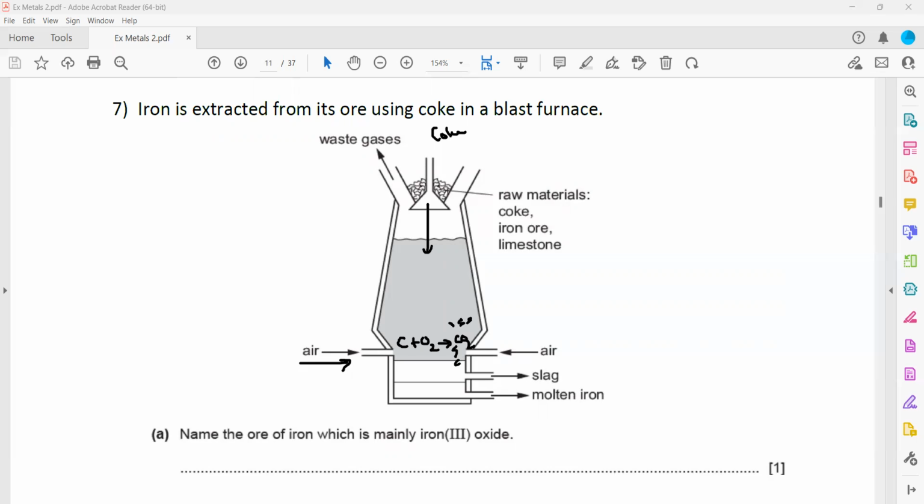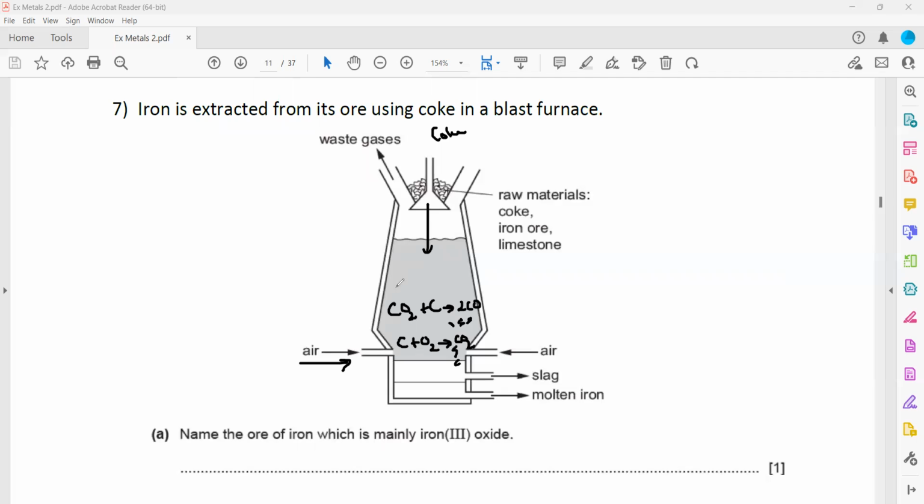That is one reason we add carbon. It reacts with oxygen to produce heat and increase the temperature of the furnace. And the second thing, it is used to produce a reducing agent. The carbon dioxide which is produced reacts with more carbon and produces carbon monoxide.